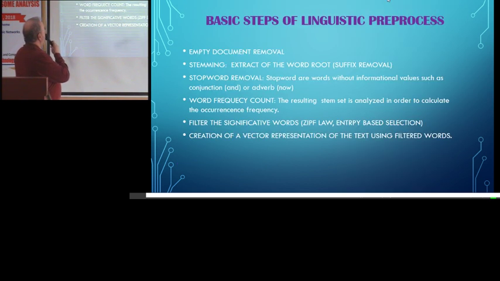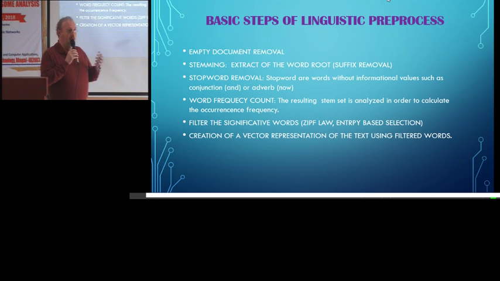The basic step of linguistic preprocessing is, first of all, to download your data set and remove from this textual data set all the empty abstracts. As probably each one of you has directly tested, you search a title on PubMed, and sometimes the abstract is not available.